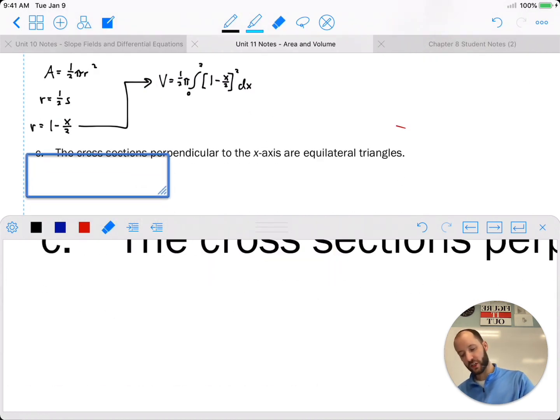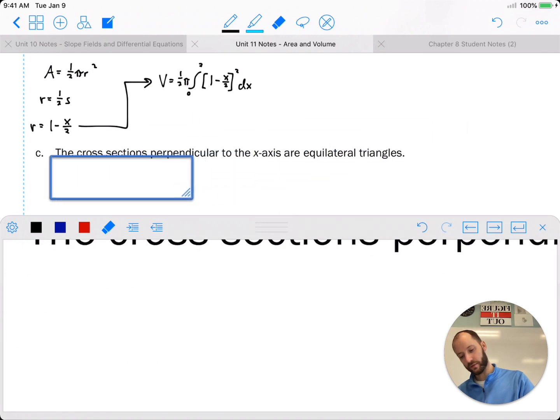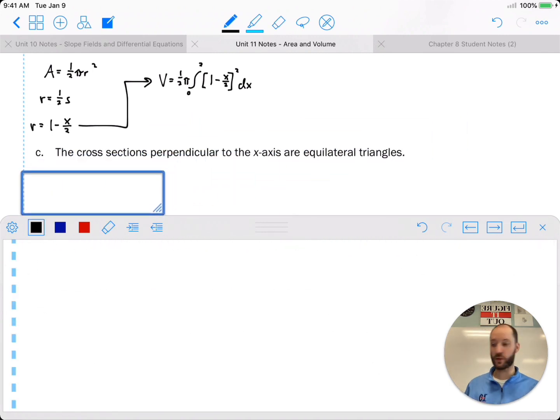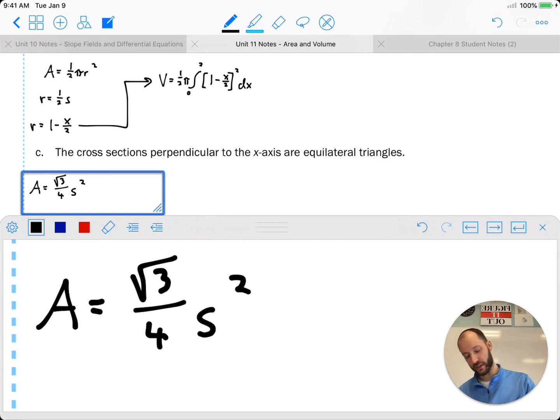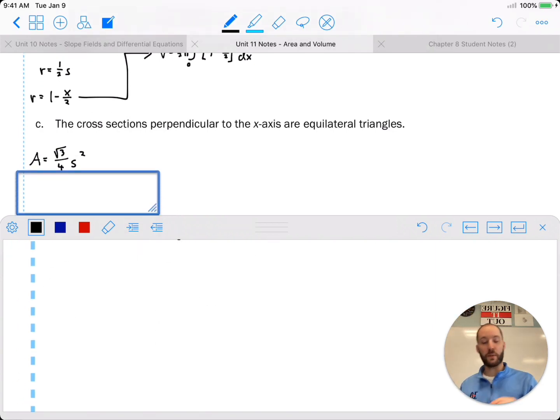Now the cross sections are equilateral triangles. Okay, this is kind of a nice formula to have. Area of an equilateral triangle is √3/4 s squared. It's not the most important formula ever, but it's good to keep up your sleeve as a trick. Once in a while, hey, area of an equilateral triangle, √3/4 s squared. Kind of know that. Used it at parties as an icebreaker, you'll be very popular, okay?